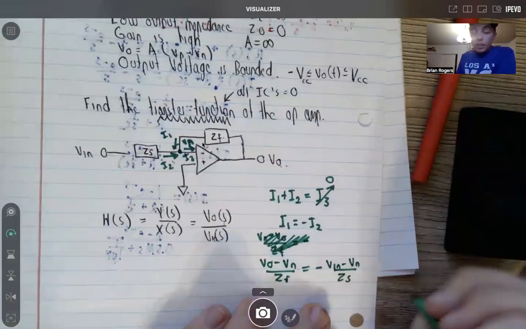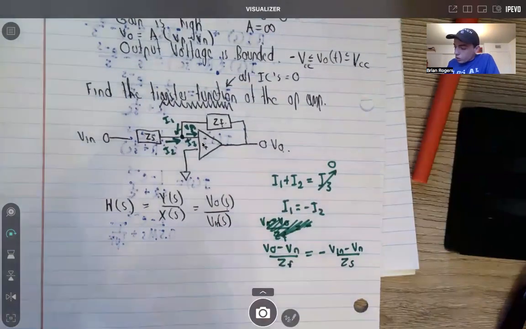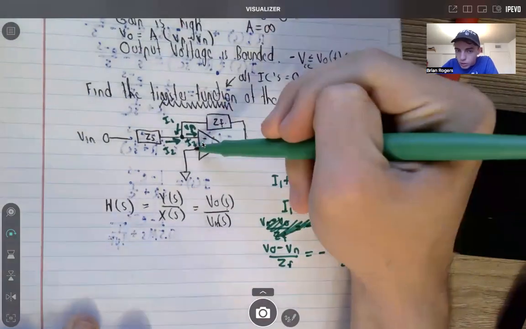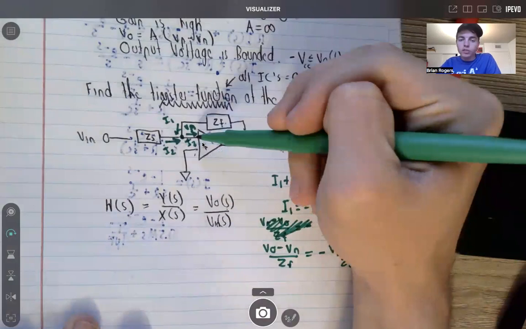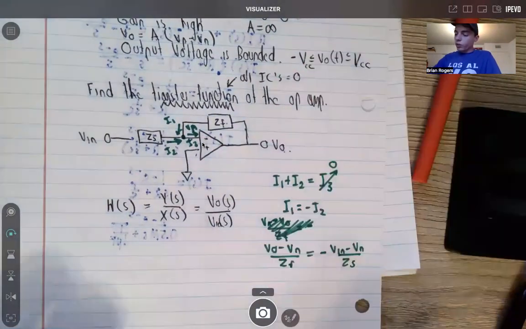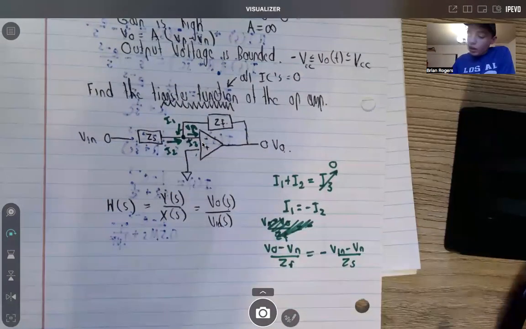Okay, now that we got that, what can we do? V of n, remember, the voltage difference between these two terminals is minimal because it amplifies that almost by infinity. So the voltage at both terminals is roughly the same. That's a pretty important concept to take away.